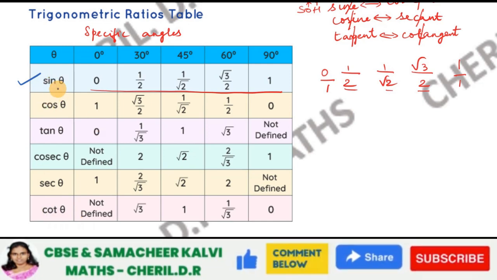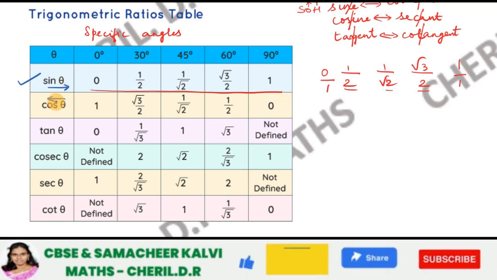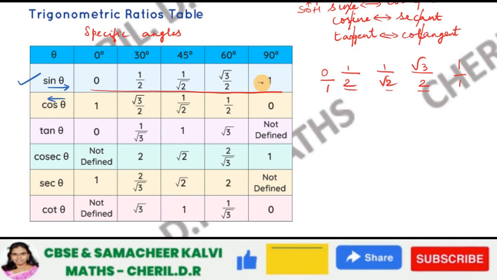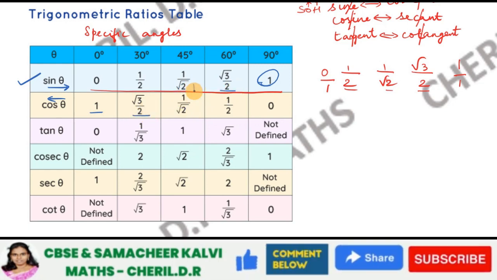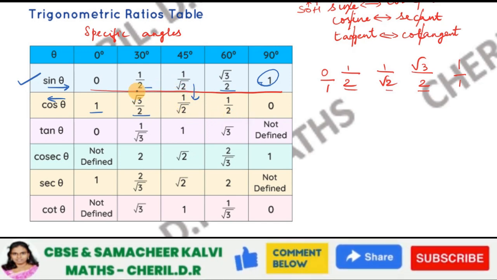For sine and cos, whatever value went from left to right will come from right to left for cos. See here, your 1 is going to be here, and your root 3 by 2 has come here, and your 1 by 2 is here, and your 1 by root 2 is here, then 1 by 2 and then 0.